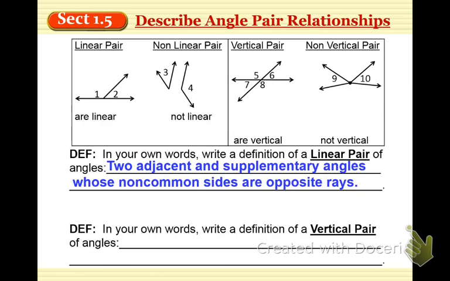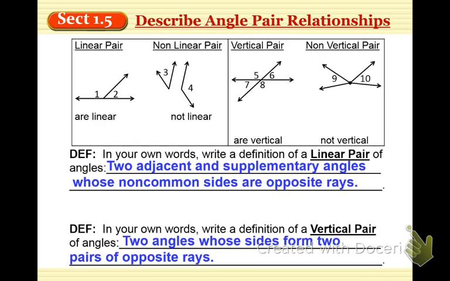Vertical angles, vertical pair. You have vertical angles in the left-hand picture there, and you do not in the right-hand picture there. And the difference, by definition, is this. They're two angles whose sides form two pairs of opposite rays.